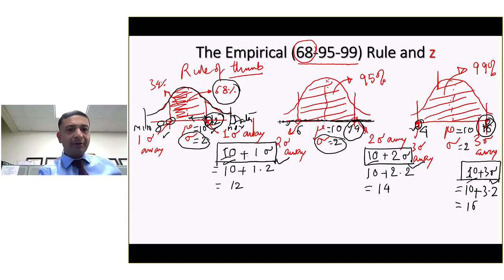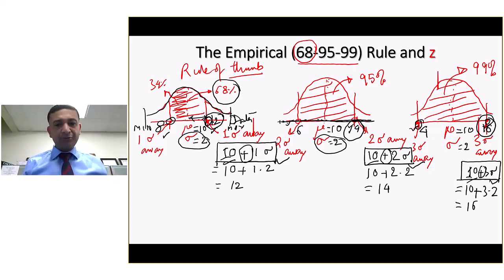You are adding to the mean because you are trying to see how far it is away from the mean. Okay, so that is basically defining how far it is away from the mean. And then you're adding a certain factor to sigma. It's either 1 sigma, 2 sigma, or 3 sigma away from the mean, right? That's how the empirical rule has been set up.